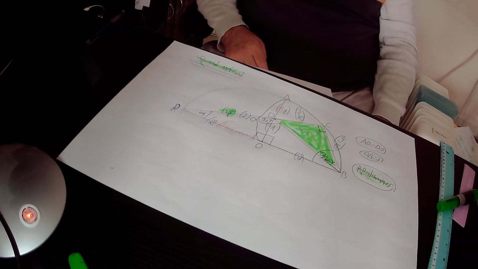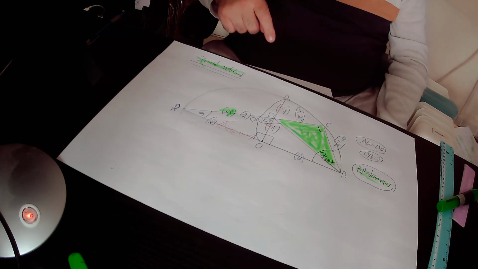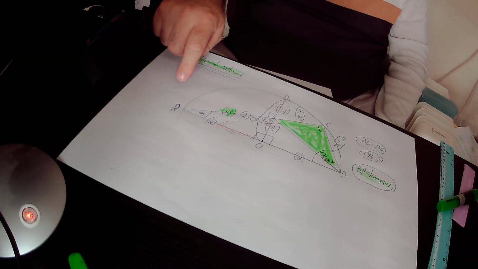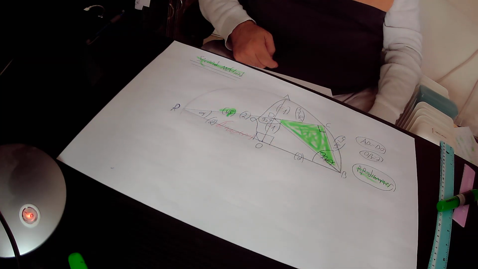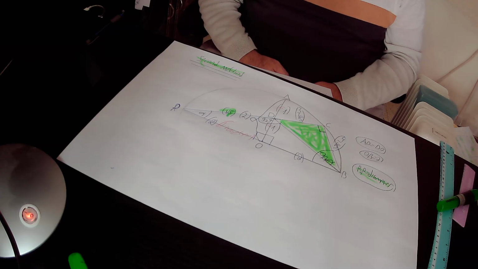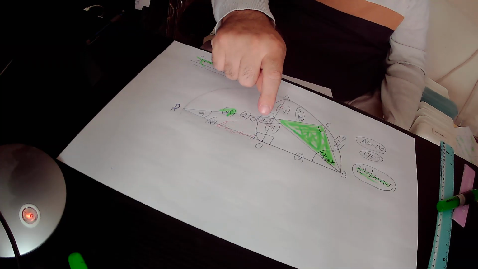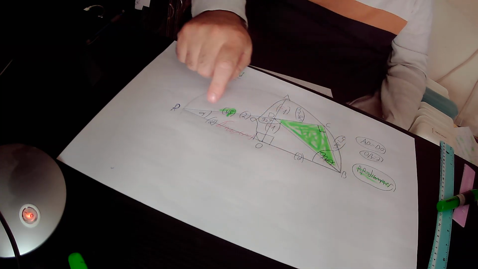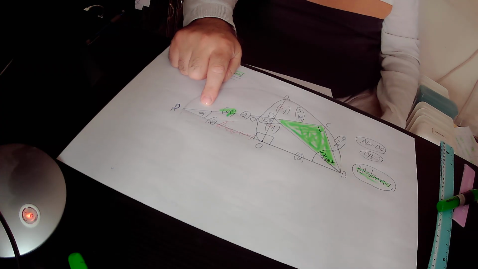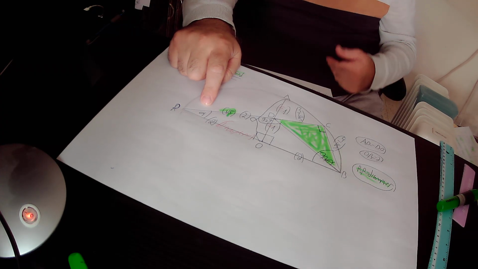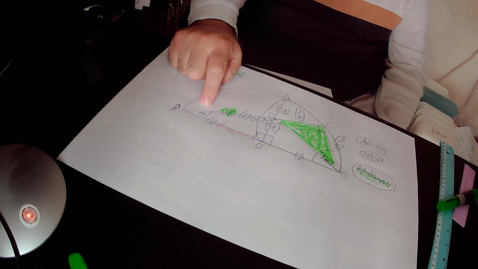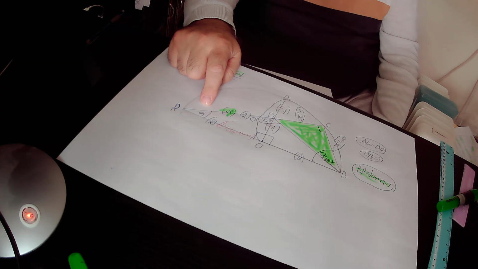In the next step, we prove that the small right triangle PDO is similar to the big right triangle PCB according to the angle similarity rule. Why is the small right triangle PDO similar to the big right triangle PCB? First of all, this is angle alpha, which is a common angle that belongs to both triangles.